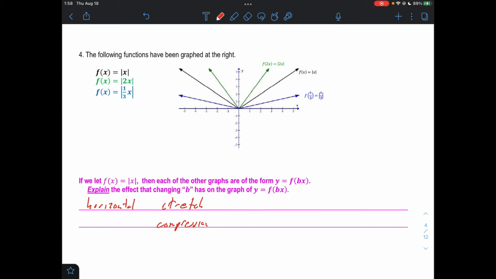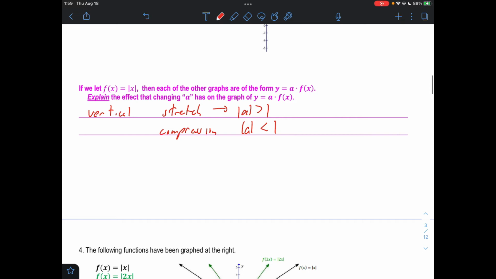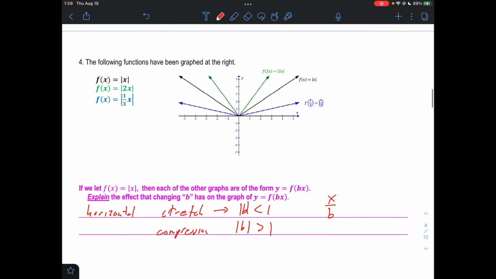And it's actually the opposite here. The stretch is when the absolute value of b is less than 1, and the compression is when the absolute value of b is greater than 1. We stretch or compress not by multiplying by b here, but by dividing by b, so x over b. Whereas up here, it was a times y.